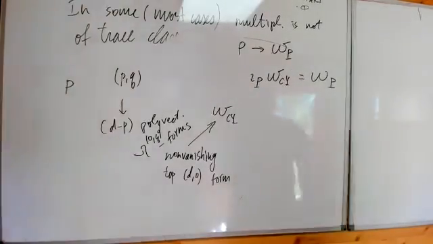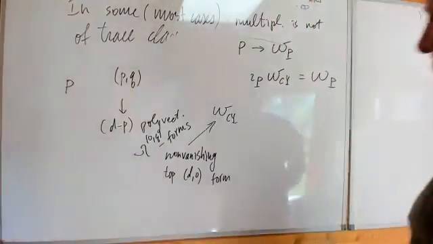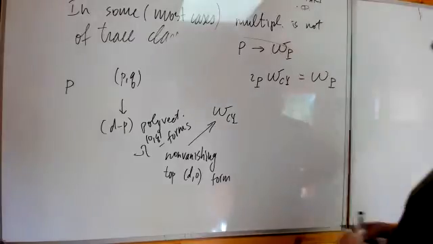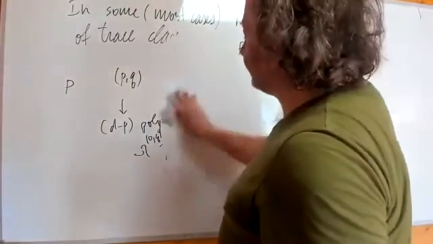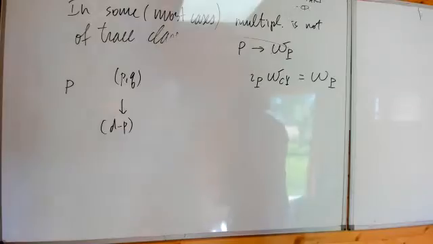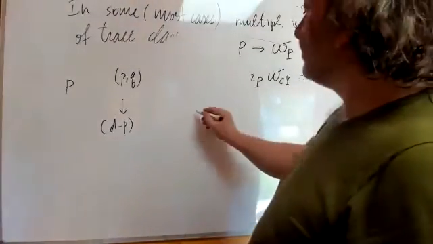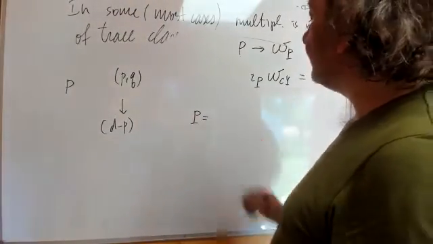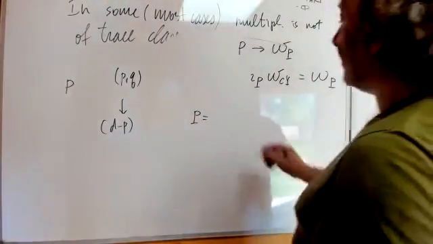So how do I do it in coordinates? Polyvector P is something that has indices.